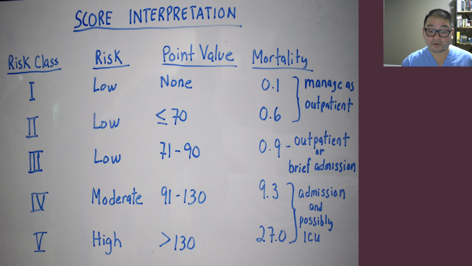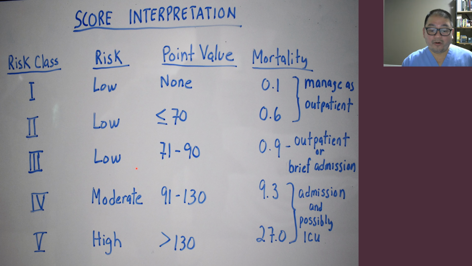And for the score interpretation of the Pneumonia Severity Index, if the score is 90 and below, the patient is classified as low risk. And if the patient scores 91 and above, they are classified either as moderate or high.